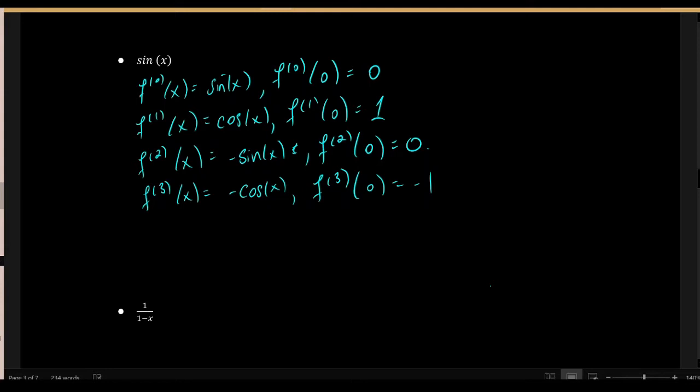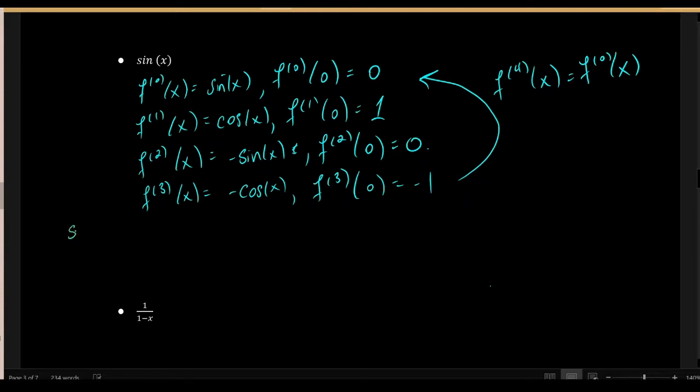Now sine, just like cosine, has a looping behavior. As soon as you go to take the fourth derivative, you're going to get back positive sine. And then once the fourth derivative is equal to the original function, the fifth derivative must be equal to the first, the second must be equal to the sixth, and so on and so forth to infinity.